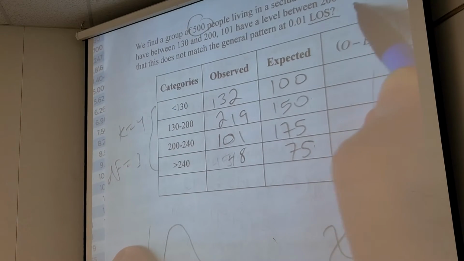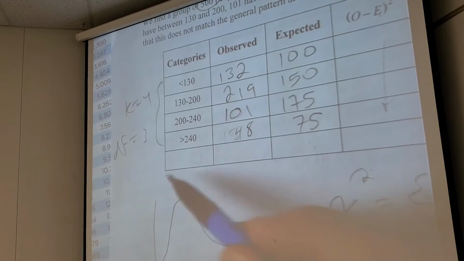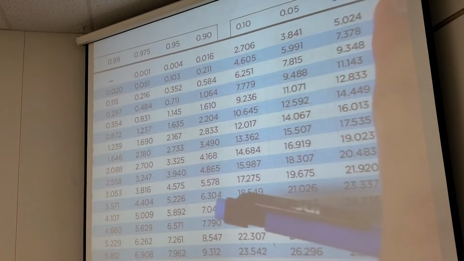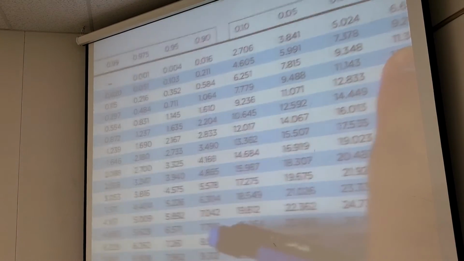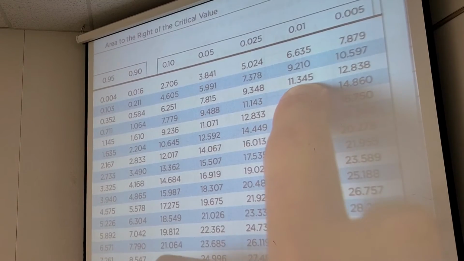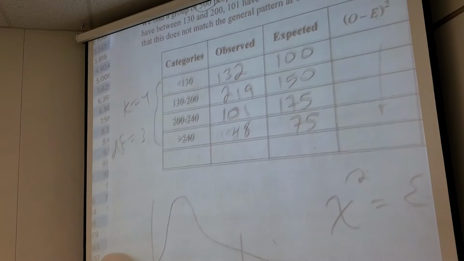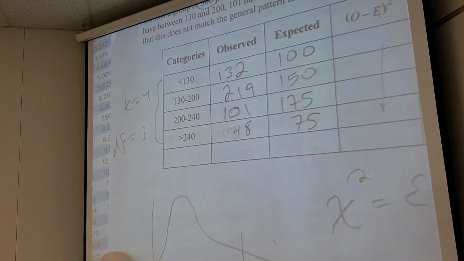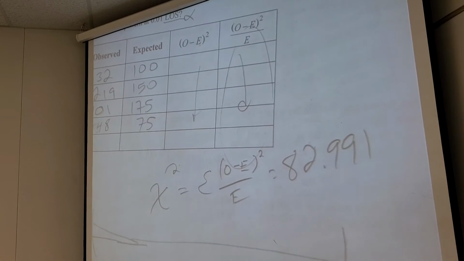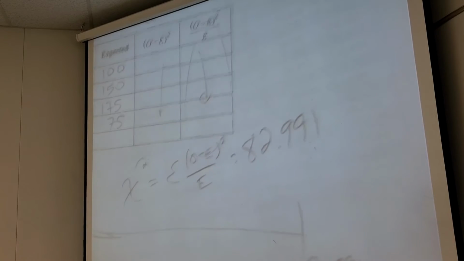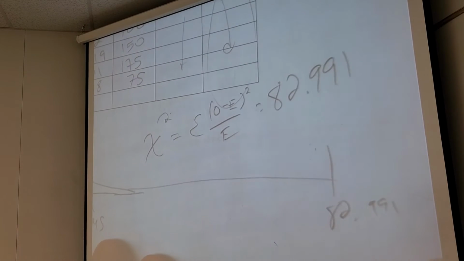Level of significance is alpha, so it's 0.01. So 0.01, 3 degrees of freedom is 11.345. That's how far I had to get. And we got 82. Way different.